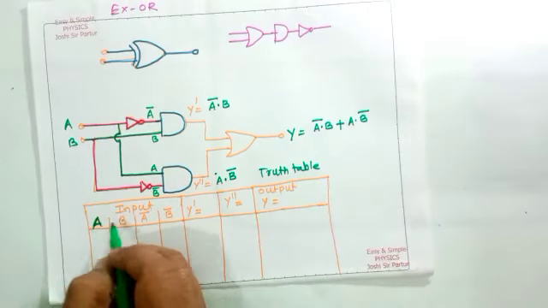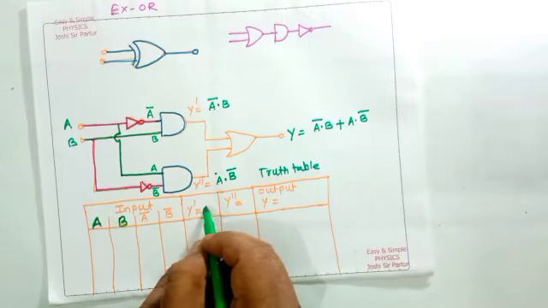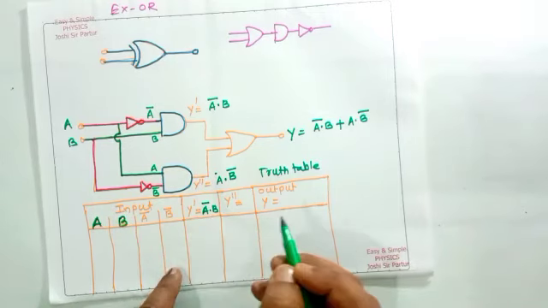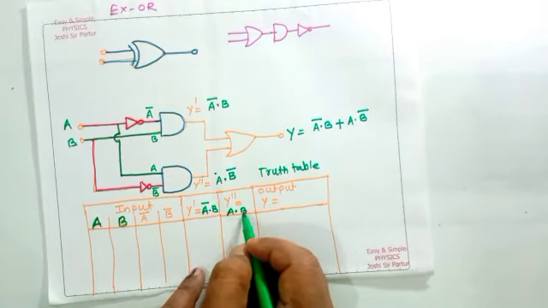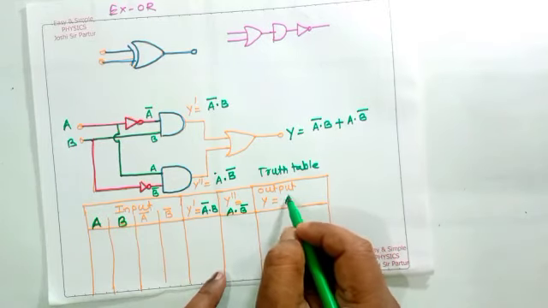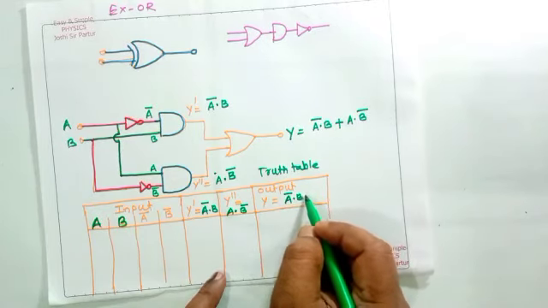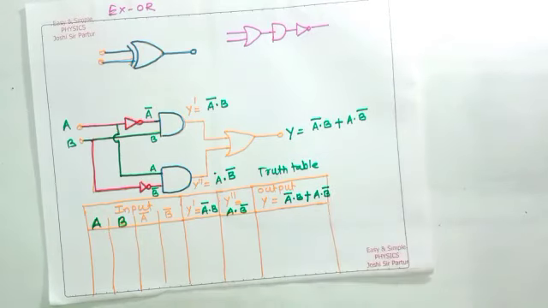Input A and B will be there. Output Y dash, that is complement of A and B. Output Y double dash, that is A and complement B. And output Y shows complement A and B or A and complement B.